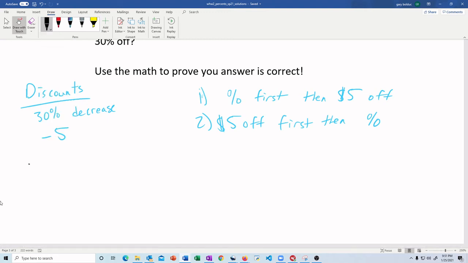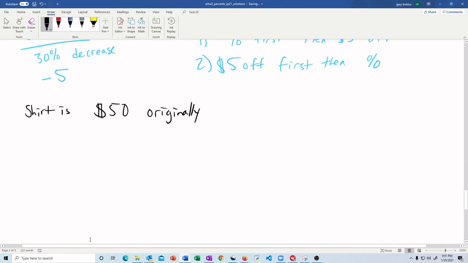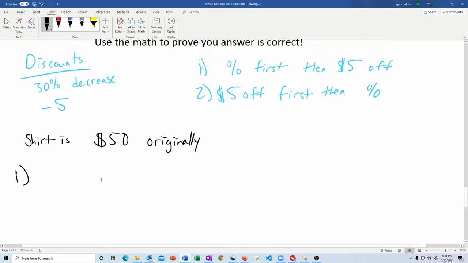So let's do the shirt, $50 originally. Okay, so $50 shirt. So let's do number one, right? What does it say? It says percent first.